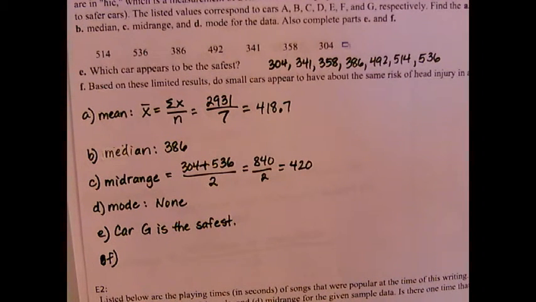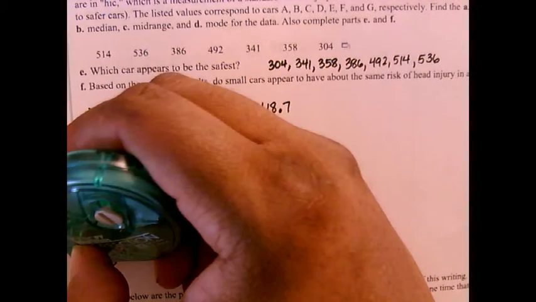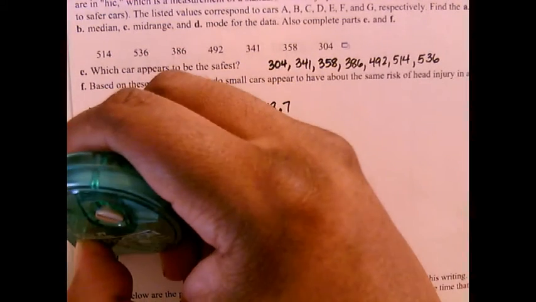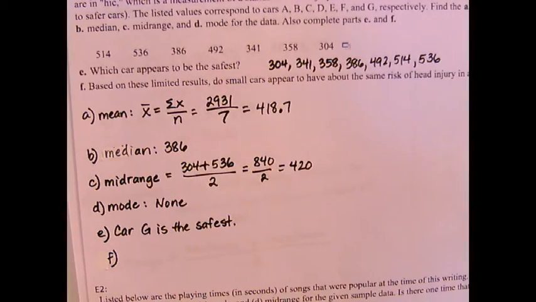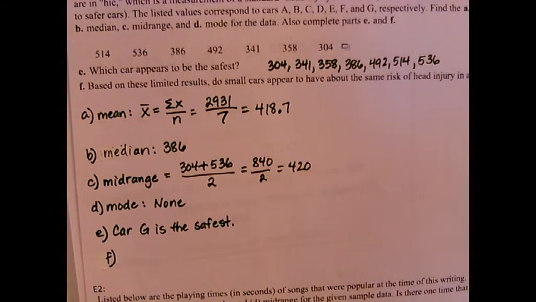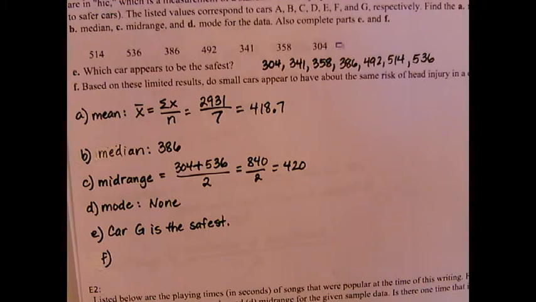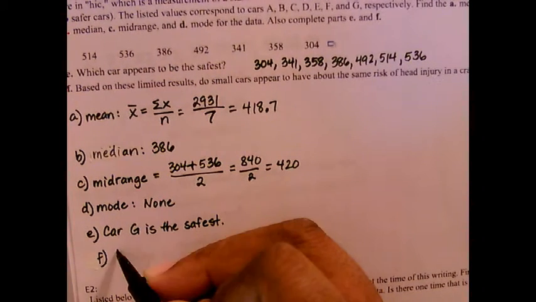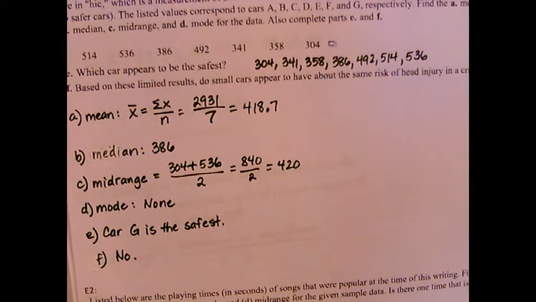All right, and then finally part F, based on these limited results, do the small cars appear to have the same risk of head injury in a crash? And in this case here, the answer there will be no. Because if you look at those data values, they differ substantially.